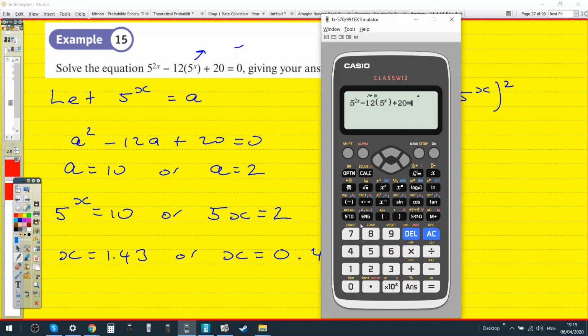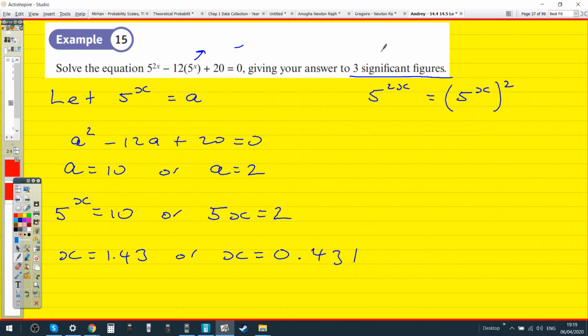How do I do equals again? Equals 0. Shift solve. Oh yes, there we go. So what's the problem? It only gives you one answer. Yeah, I only got one answer, and so that's why you have to go about this the quadratic route.